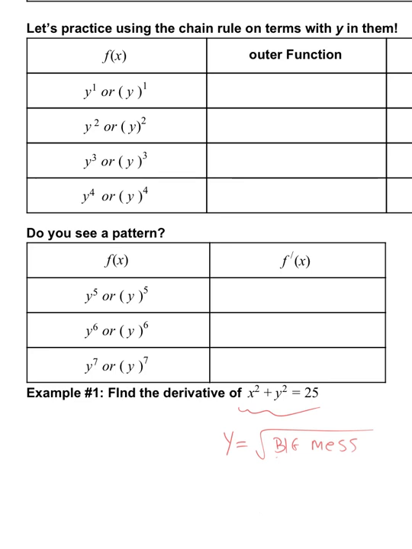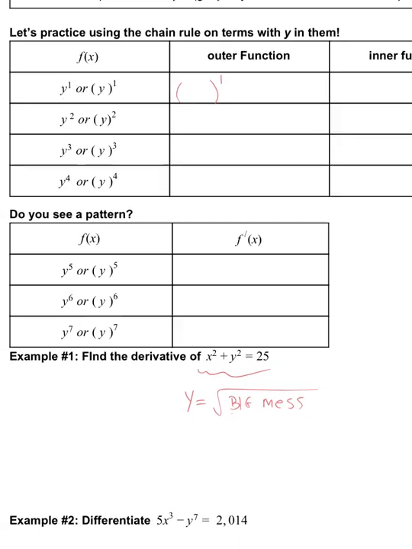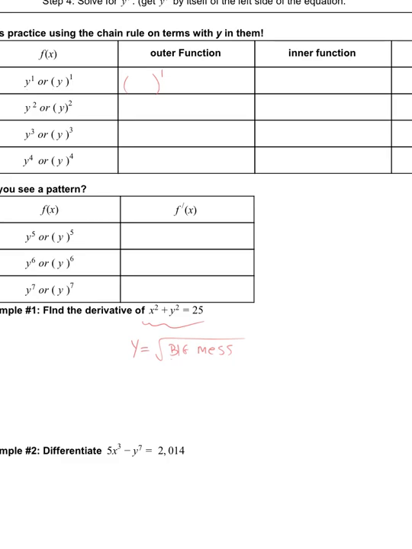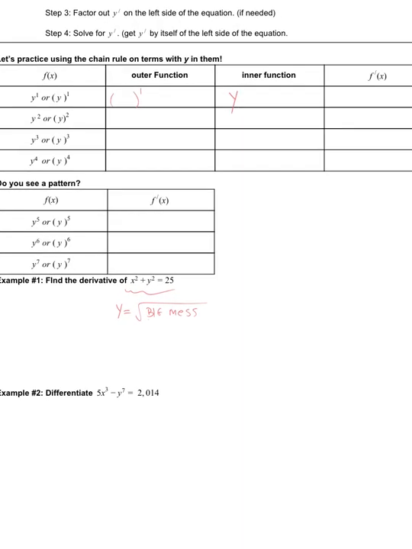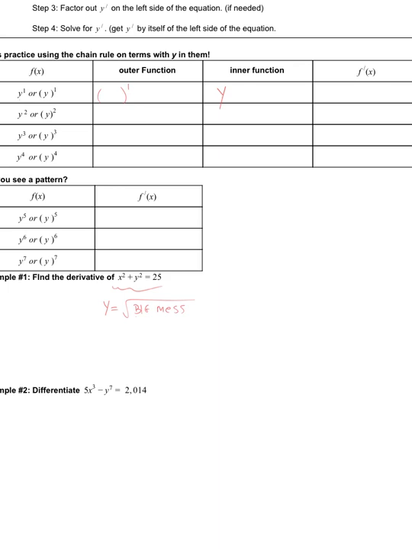Right here, if we take the derivative of y to the first, think of it as y to the first with parentheses around it, because then you can see that the outer function is something to the first, and you can see that the inner function is y. Now if we take the chain rule, the derivative of the outer function would be 1 times something to the 0.